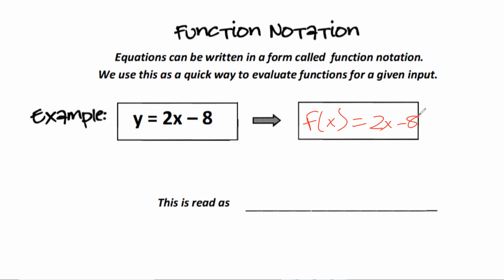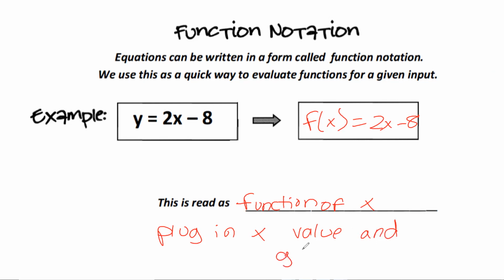The reason why we write it this way is because this is read as the function of x. That means that you can plug in an x value and get an output.